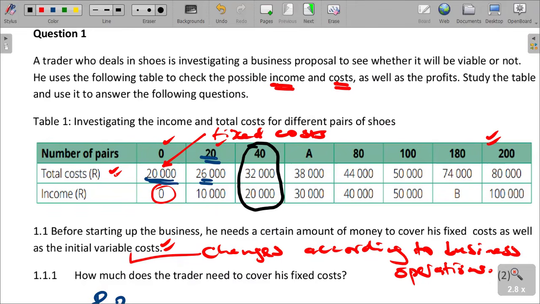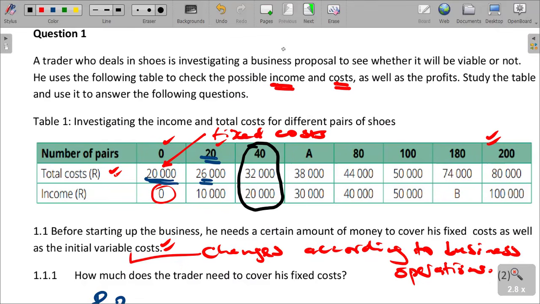Total income minus total cost must give us the formula for profit or loss. That is where we start: total income minus total cost.